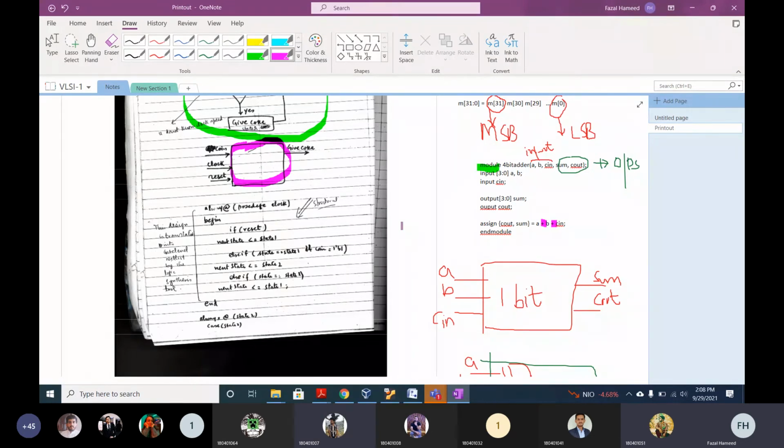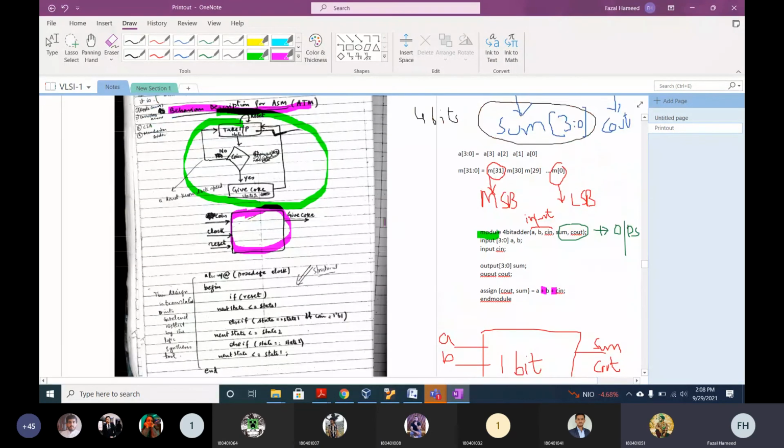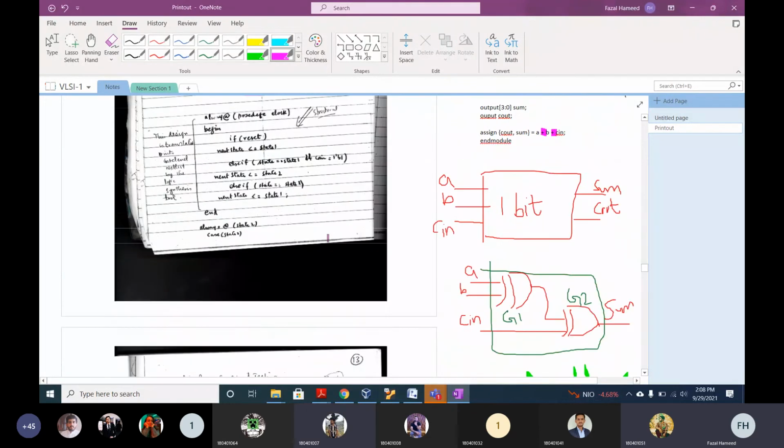But I just want to give you an overview of the behavioral description of an ATM in terms of the flow chart. Okay, sir. Got it.